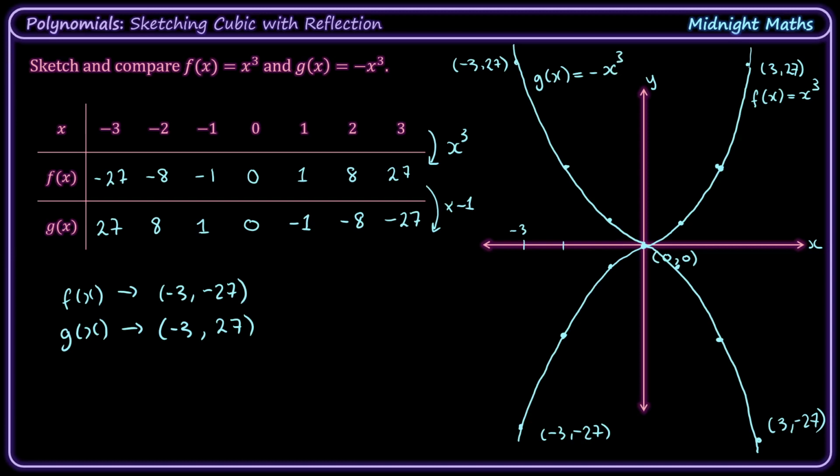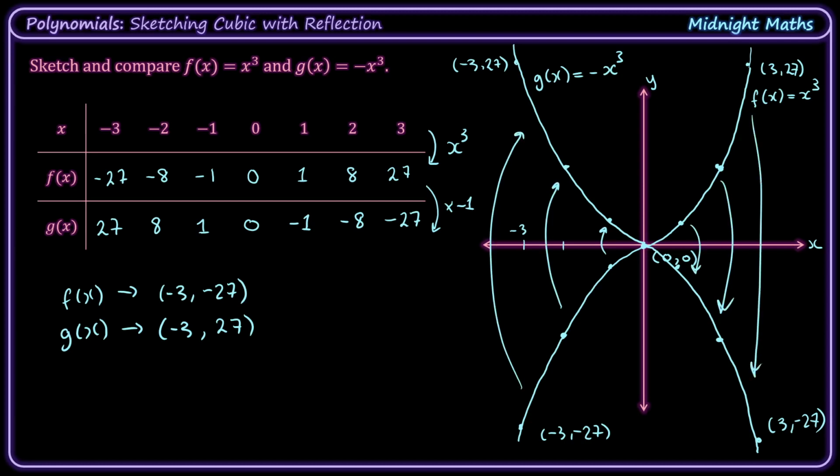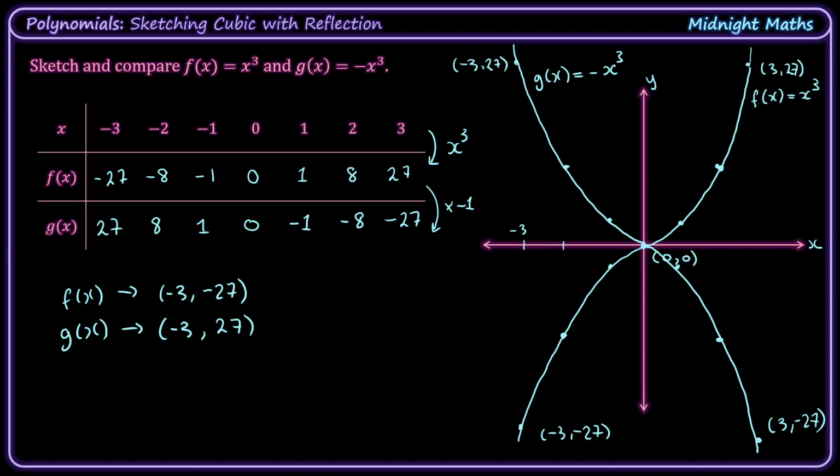If you have a look now, you'll notice why it's called a reflection: all of our points from the bottom got reflected up to the top, and all of our points from the top got reflected downwards. So it's as if it was reflected in the x-axis. Okay, so there's your reflected graph of the cubic.